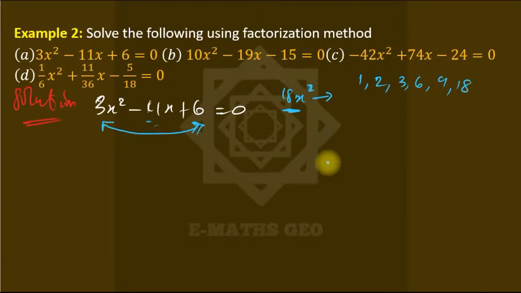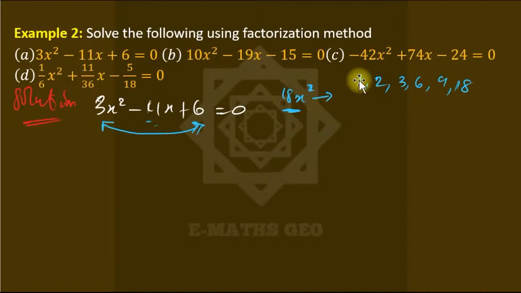So we now have 2 factors that will have x in it, and it will be among these. If I choose 1x, what will make it 18 is now 18x. And there's no way you combine 1x and 18x to give you minus 11x. Remember the negative has something to do with the terms having the same sign.